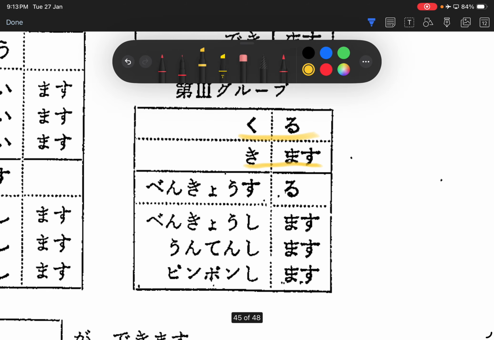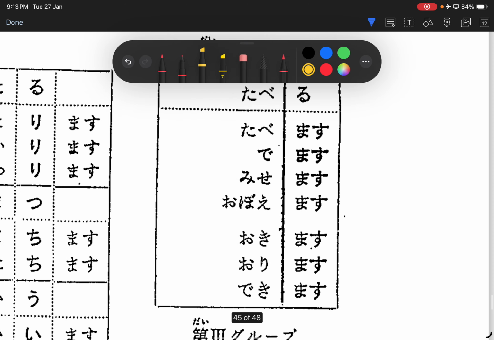Then 運転します, change to 運転する. So all the します change to する. That's group 3. Then we go on to group 2, even easier. All the ます just change to る. 食べます, 食べる; 出ます, 出る; 見せます, 見せる; 覚えます, 覚える. Just add a る after the word. Just swap out ます for る for group 2.